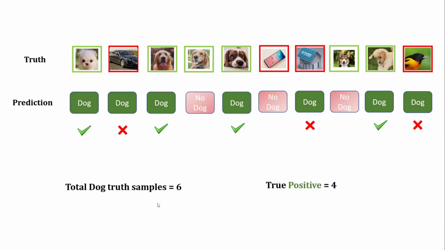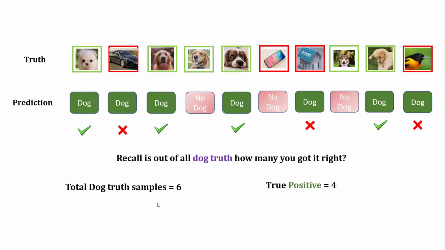Now let's talk about recall. When you're thinking about recall, you always think about truth as your baseline. So what is my truth? In my truth, a total of 6 samples are dog samples. But when I predicted, I got only 4 correct predictions for dog. So recall is, out of all your dog truth samples, how many you got right.